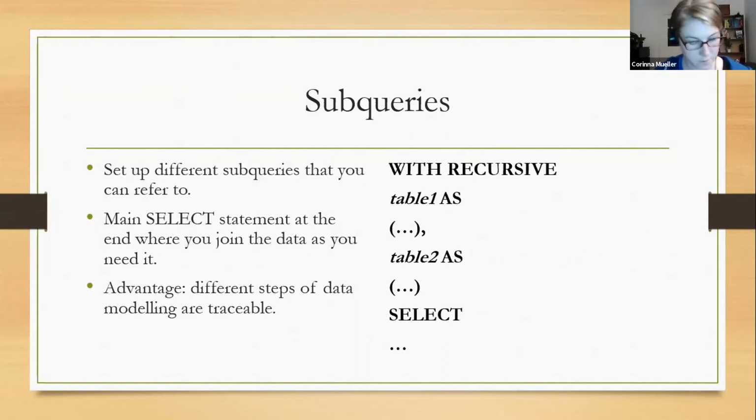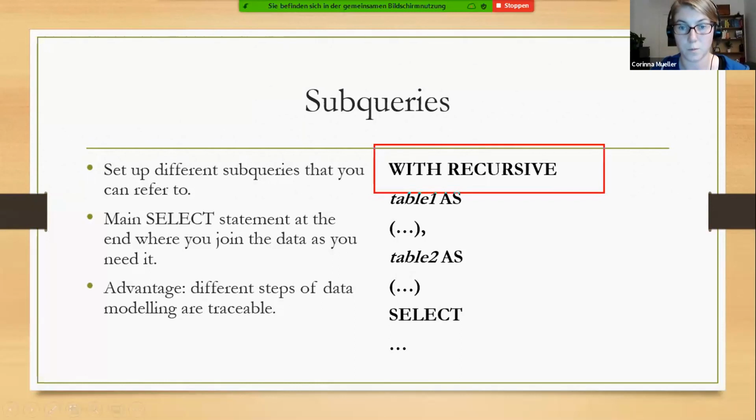There's a statement that starts with a WITH. In Postgres SQL, you need the RECURSIVE too. In other databases, you just need the WITH. But what you do is you start with the WITH, and then you have the different subqueries.